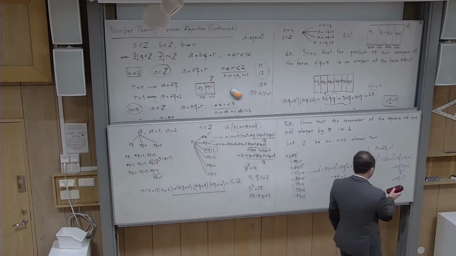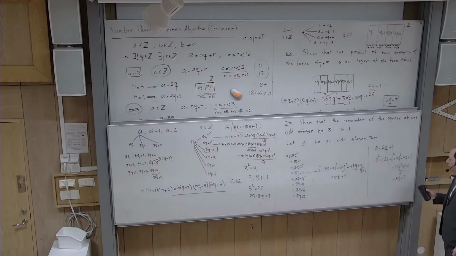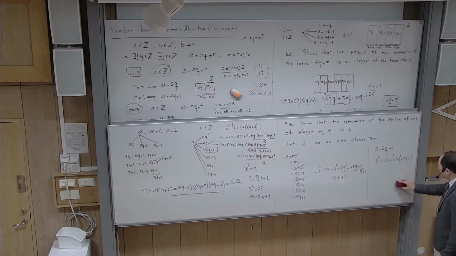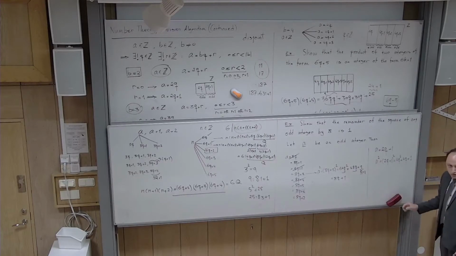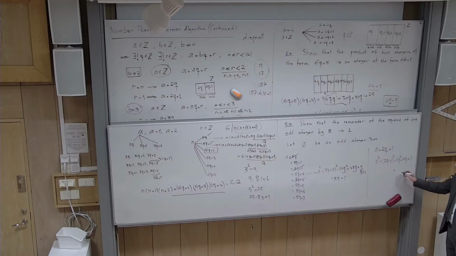But now, instead of factoring 4 out, do you have any suggestion? I can factor more things out, which usually is not useful, but in this case it is. So can you tell me what can I factor out here more than 4? More than 4, you say 2? Yes? Okay, so what can I factor out?